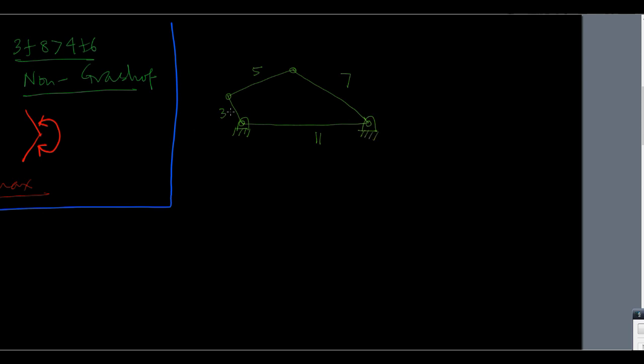Shortest is 3, longest is 11. 3 plus 11 is greater than 5 plus 7, non-Grashof.